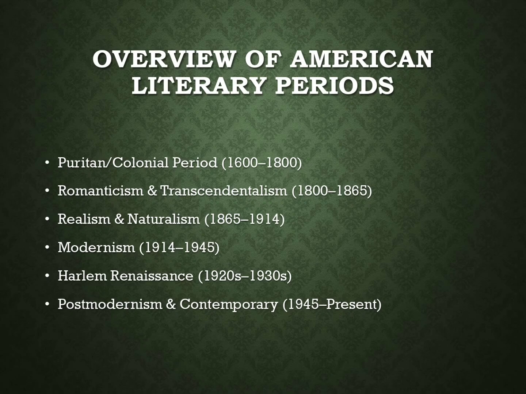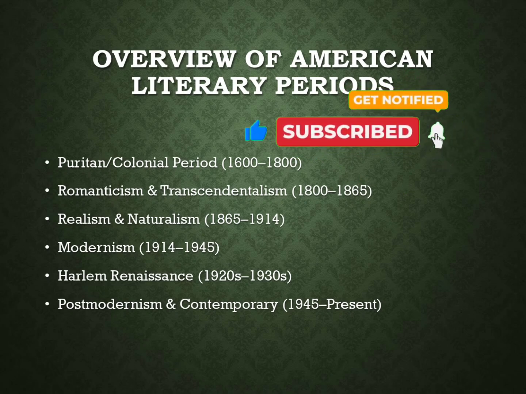Now coming to the last American literary period, that was postmodernism and the contemporary literary period. It lasted from 1945, and we can say that we are still in the phase of postmodernism. Fragmentation, metafiction, and identity politics are some of the themes of this period.